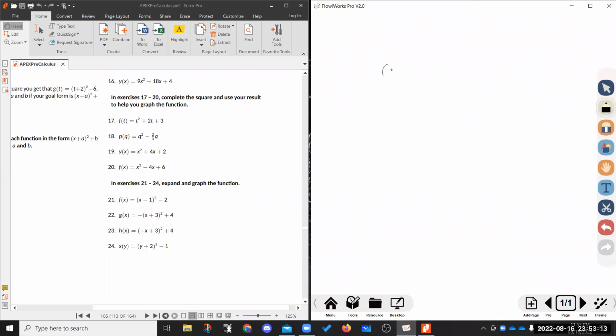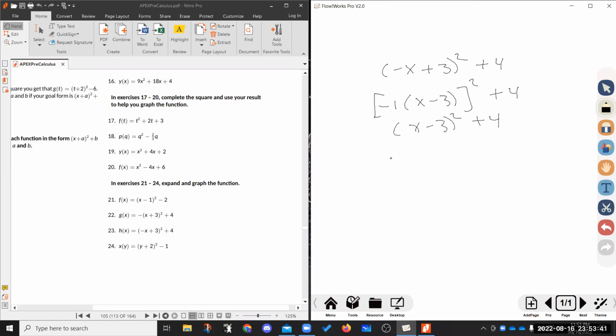H of x is negative x plus 3 squared plus 4. This is exactly the same thing as -1 times x minus 3 squared plus 4, and -1 squared is 1, so that's the same thing.